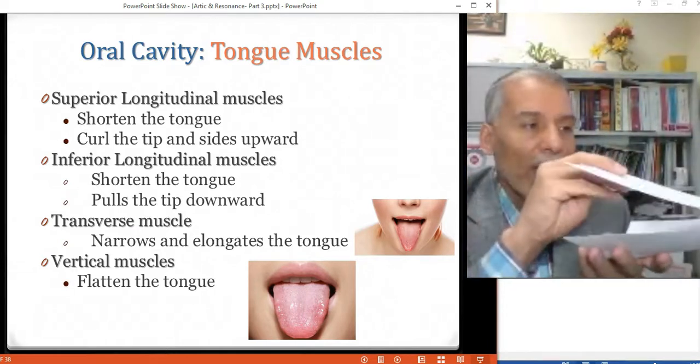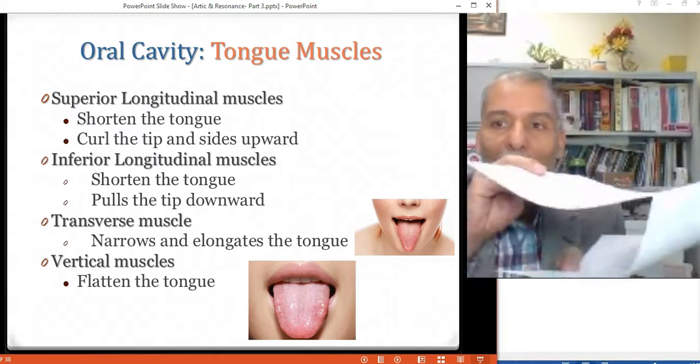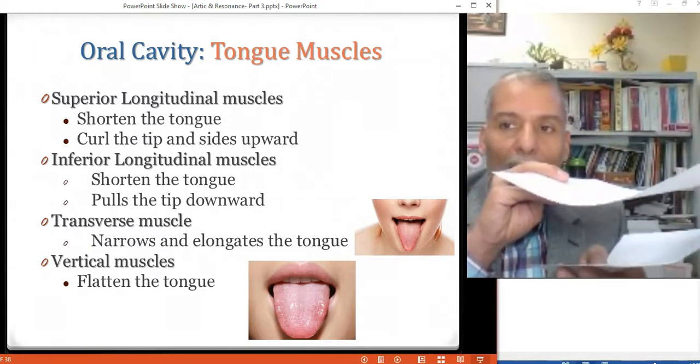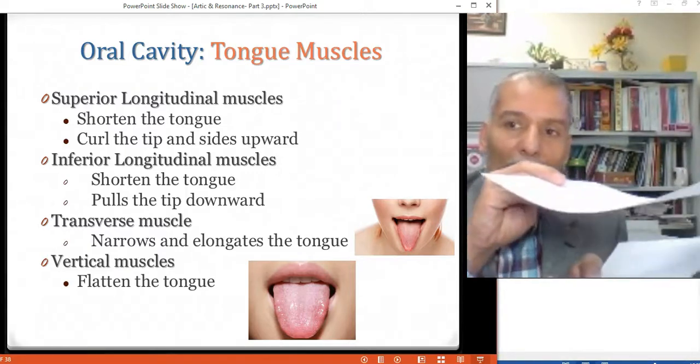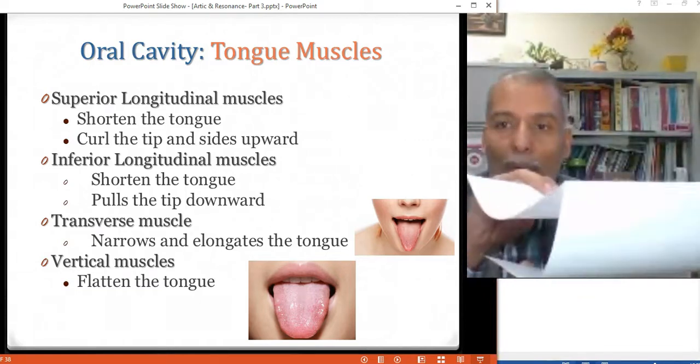So let's try. The superior is going to contract, and you can see now it's lifting the tongue tip. So the superior contraction will elevate the tongue tip.